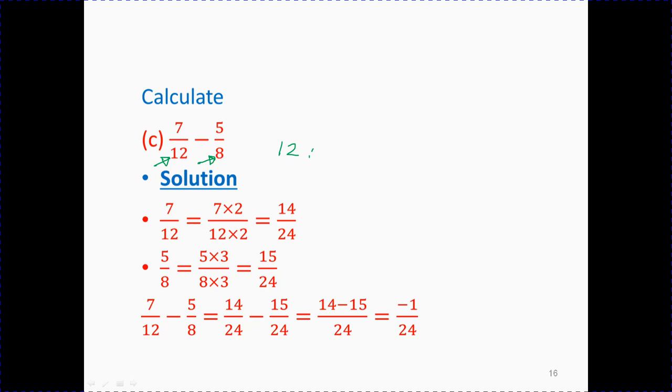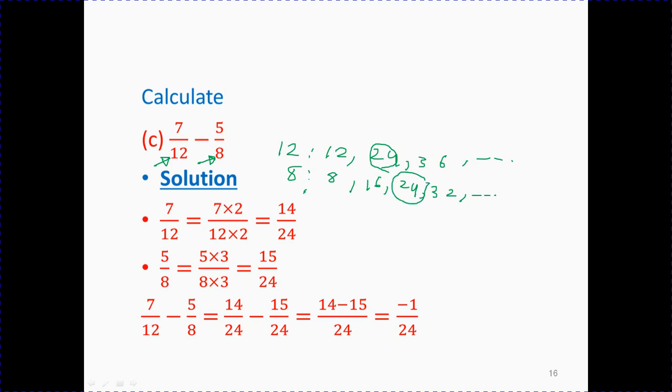For 12, you start with 12, 24, 36, 48, etc. And for 8, you start with 8, 16, 24, 32, etc. Obviously, 24 is the least common multiple.